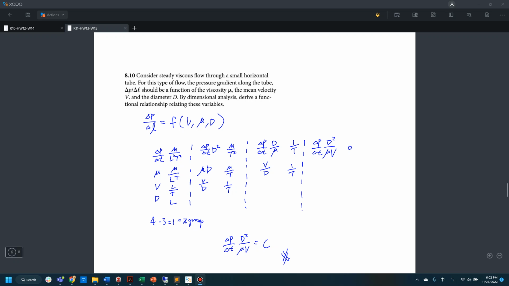Again, we have 4 terms but only 3 units involved, so we should end up with just one pi group.